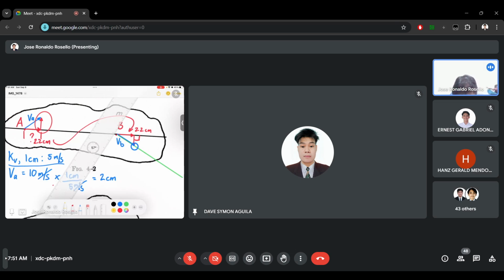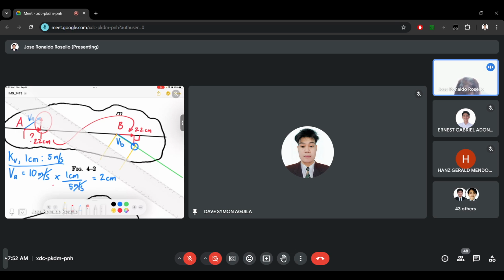So which one will we measure? This one. Alright. So let's measure the length of this one.